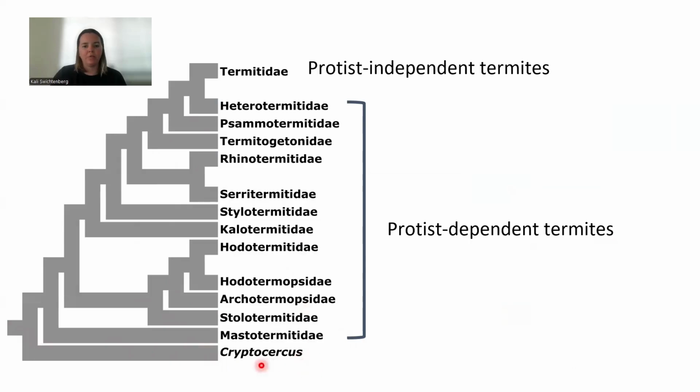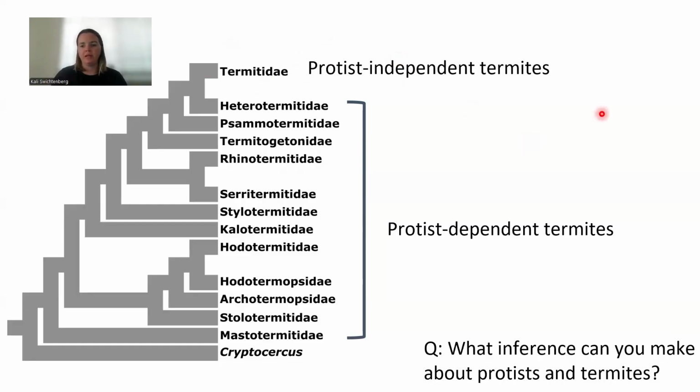Cryptocercus and almost all of our termite families have wood-digesting protists within their hindguts. And then there is one family, Termitidae, that is protist independent. It does not use protists in order to digest wood and gain nutrients.